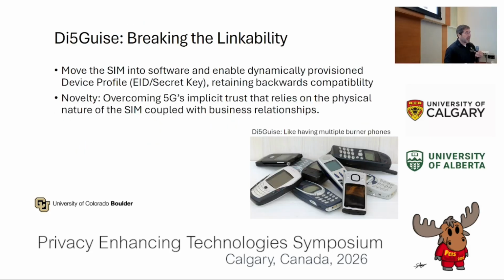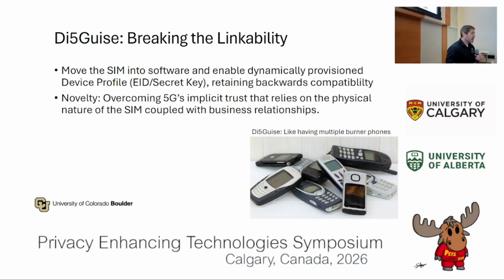So Disguise is an approach to breaking this linkability. Effectively, we want to move the SIM into software and enable dynamically provisioned device profiles. So not the subscriber profile, but the hardware-level identifiers, the EID and secret key, all while retaining backwards compatibility.